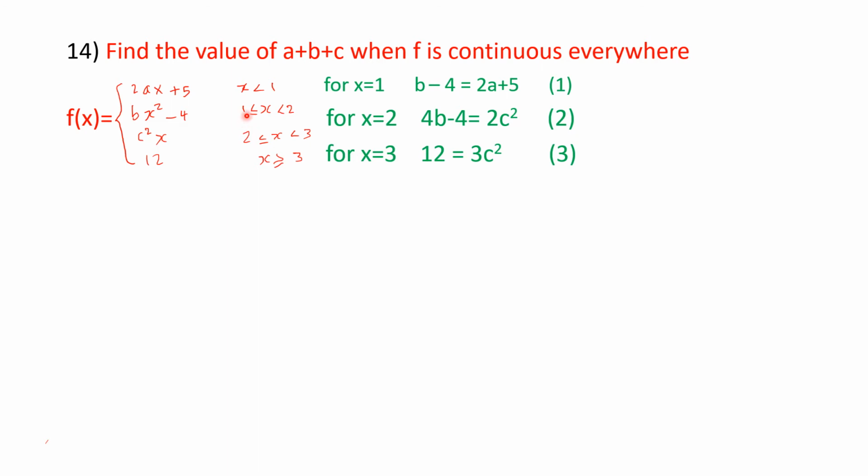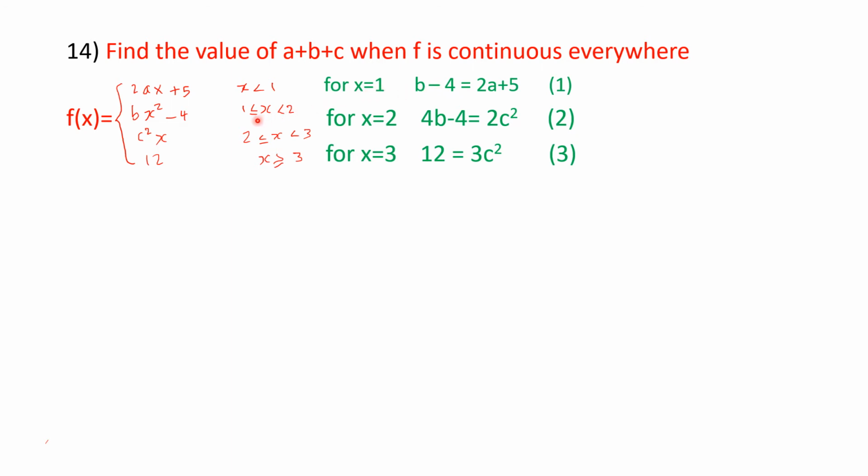Here we will follow. For x equals 1, b minus 4 equal to 2a plus 5. The reason we do that is we have to plug in 1 for x.